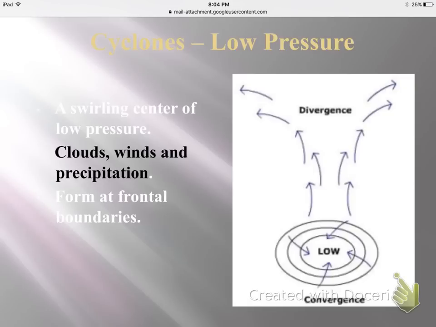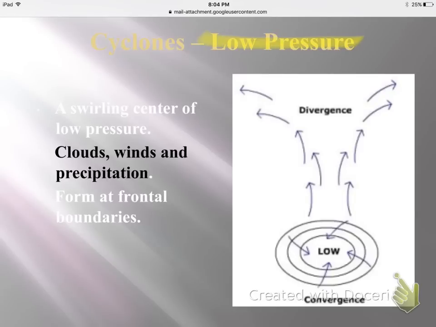So talking about cyclones, there are such things as cyclones and anticyclones. We talked about cyclones a little bit when we talked about hurricanes, and you know that hurricanes and all bad weather typically forms with our low pressure systems, all right?